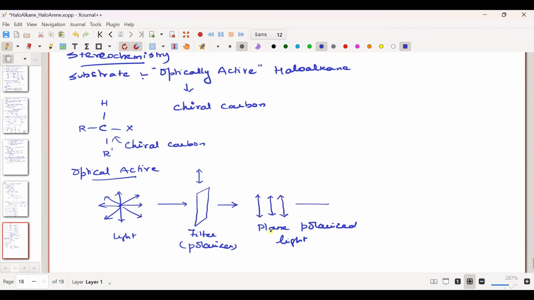Just to ask an example: if I am passing this plane polarized light into another filter, which only allows light in this direction, what will come out here? Nothing will come. No light will come.